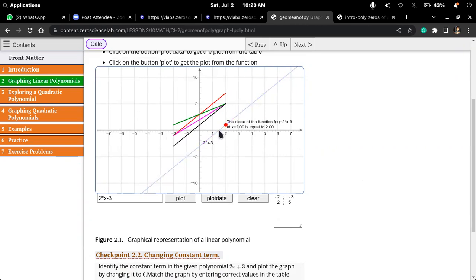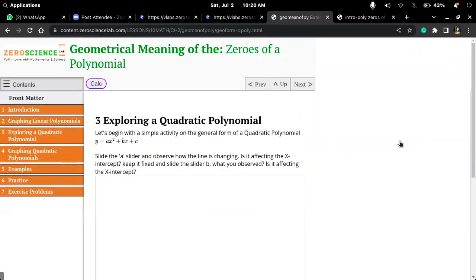The x-intercept is nothing but the zeros of the polynomial. So that is the actual way. So next we go to the quadratic polynomial.